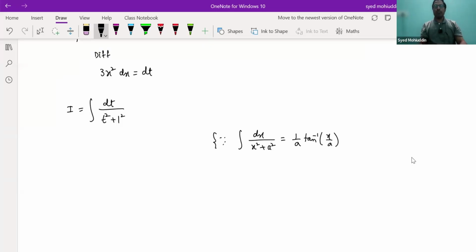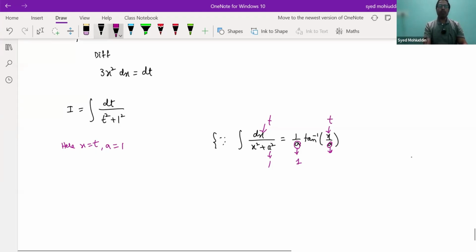Now let us check it. In place of x, what do you have here? The x value is t. This x has become t now. What about the a value in this case? In place of a, what do you have? 1. So a has become 1. So now if you plug in, a will become 1, and x will become t.